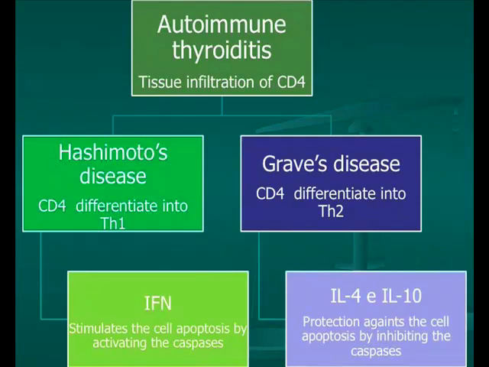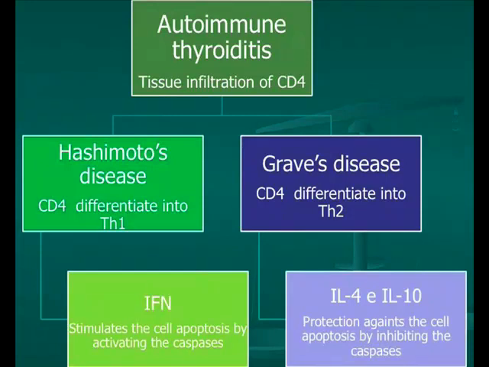The two situations clearly have completely different treatments because in Hashimoto's thyroiditis, we have a destructive stimulus on the cell caused by interferon gamma, and in Graves' disease, we instead have a stimulus of interleukin-4 and interleukin-10, particularly the effector interleukins of Graves' disease.